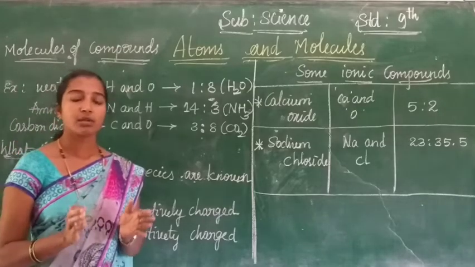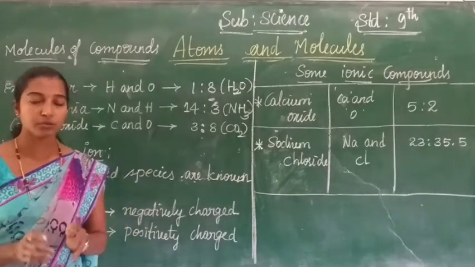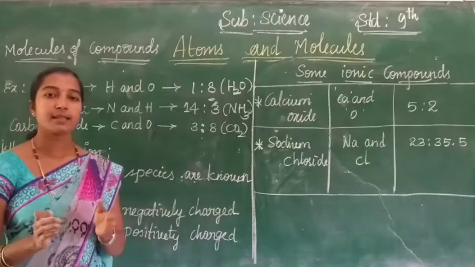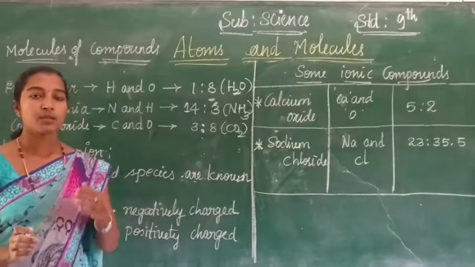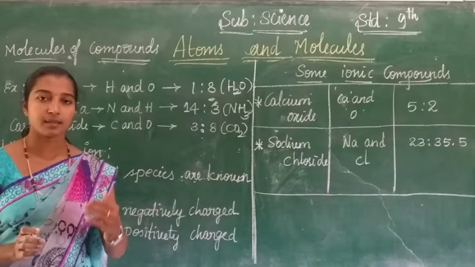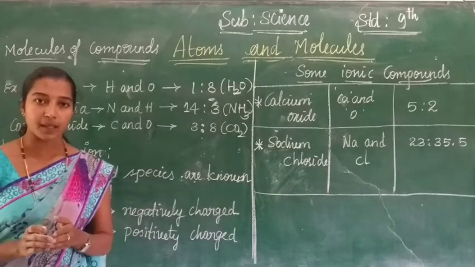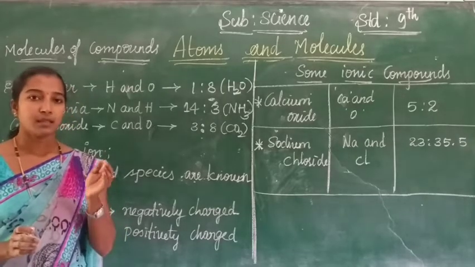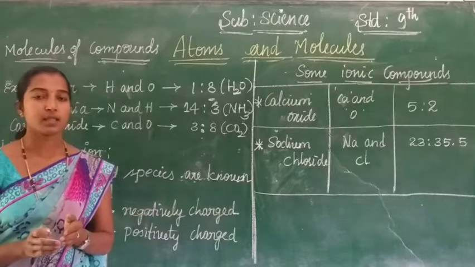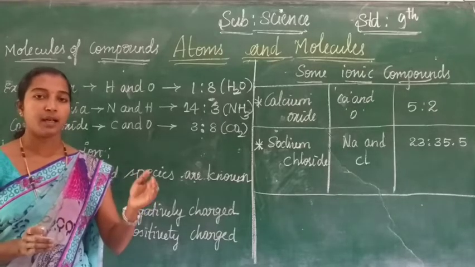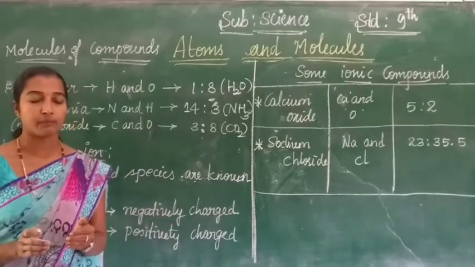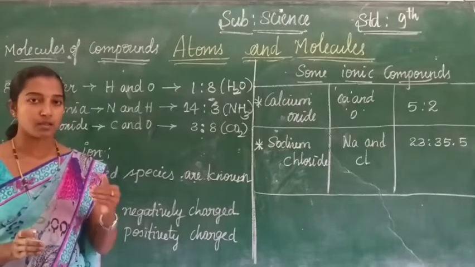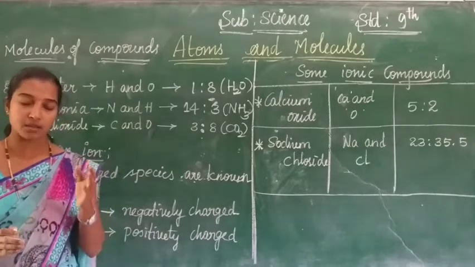Metals and non-metals combine to form a compound. For example, sodium chloride. Sodium is a metal, chlorine is a non-metal. Both are combined by the force of attraction between positive and negative. The positive ion is sodium, the negative ion is chlorine.